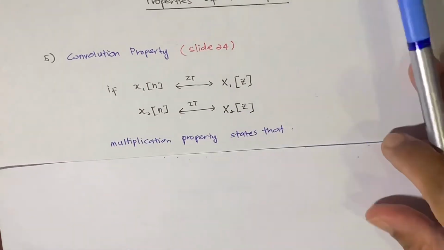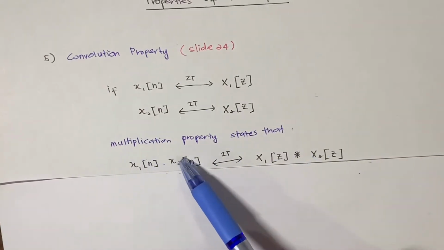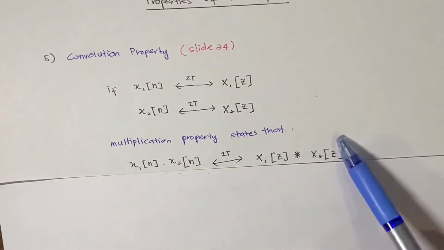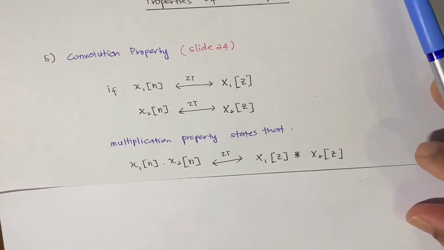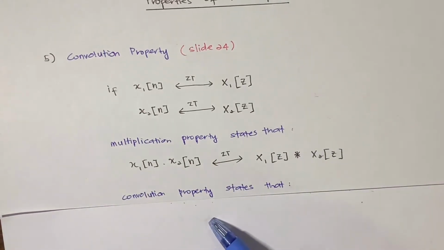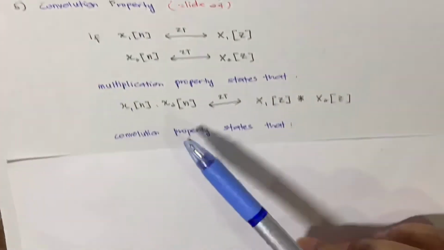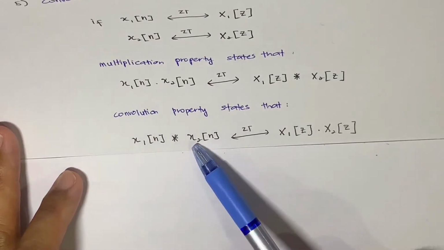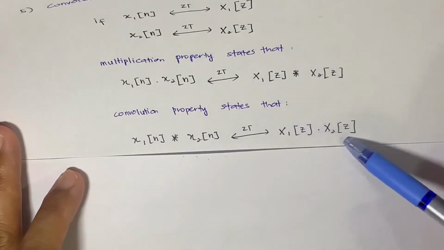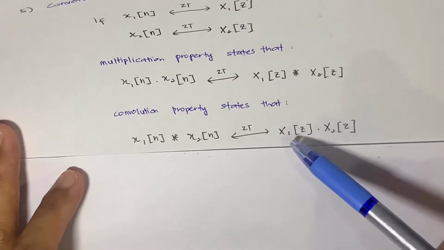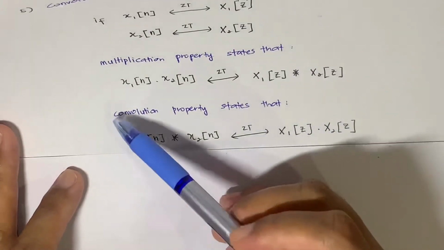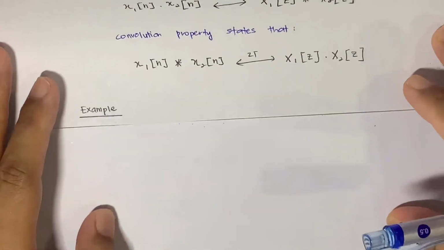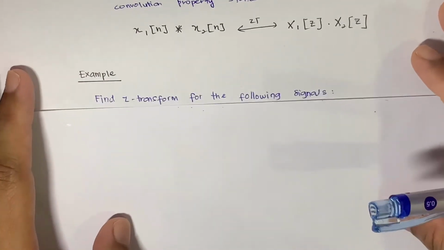The multiplication property states that if we multiply two signals, you will get the convolution of these two z transforms. But the convolution property states that the convolution of these two signals will give the multiplication of these two z transforms. So now we need to apply the convolution property. This is the equation. Now we go to an example of the convolution property.